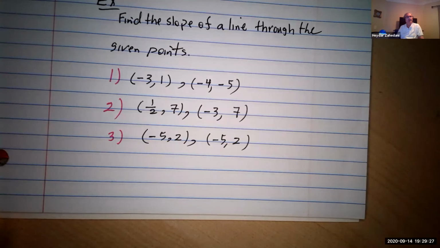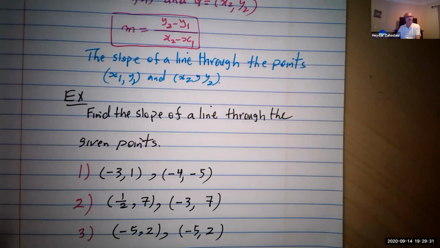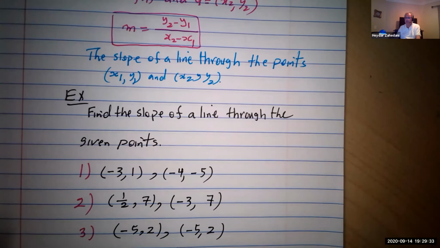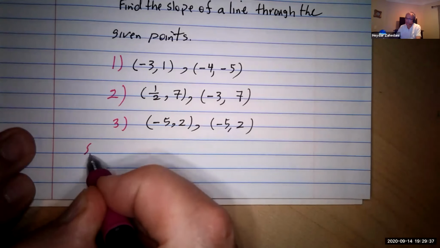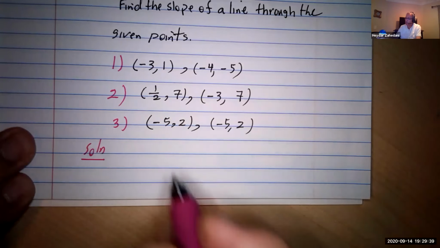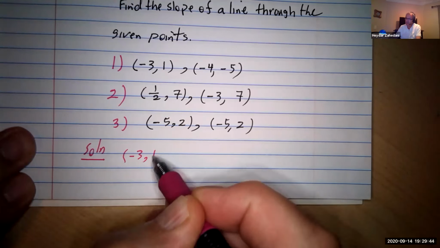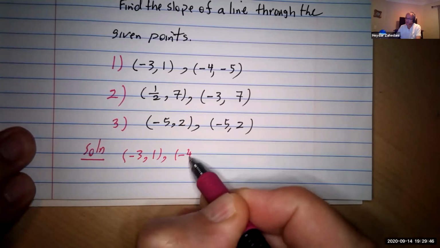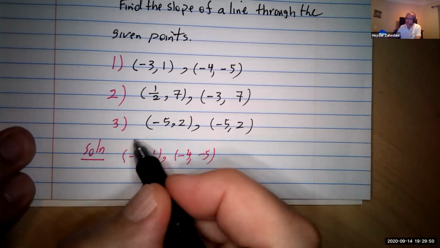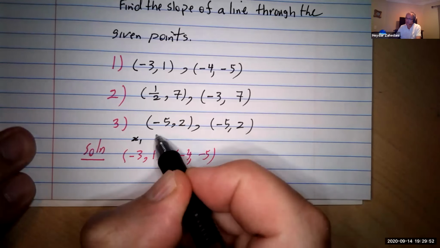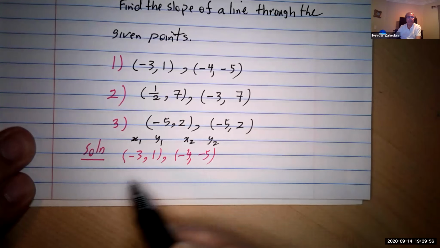You label your points, and we have your formula. You see the formula is here. We just substitute to get the numbers. We're going to go with the first one. Solution for the first one: the points are -3, 1, and -4, -5. Label this information as x1, y1, and this is x2, y2.